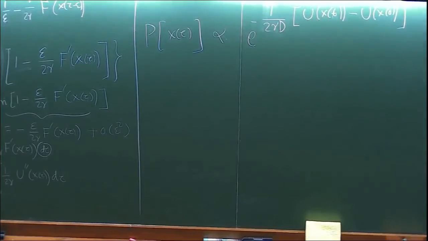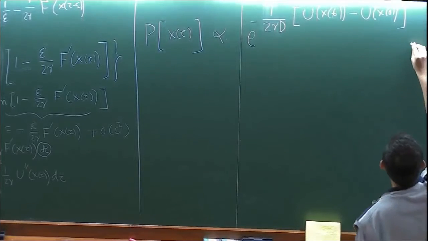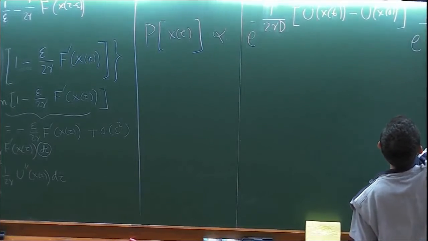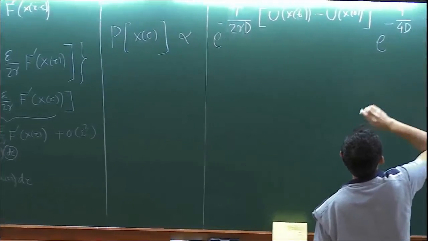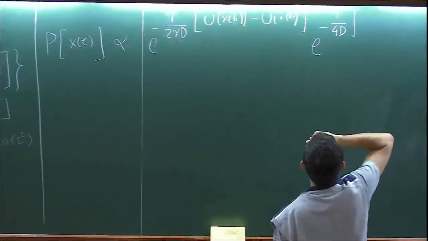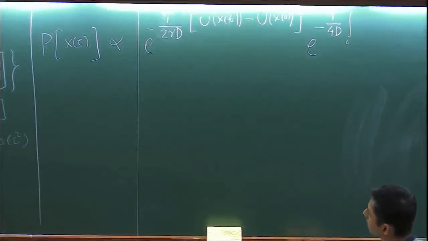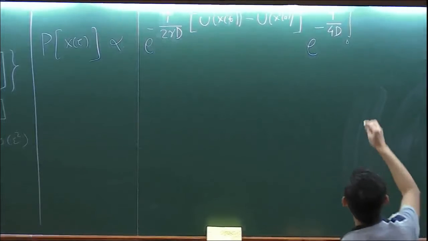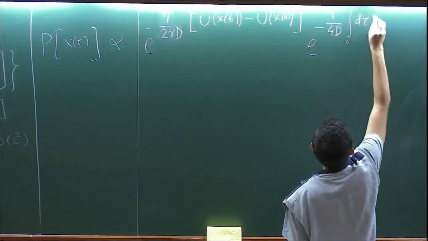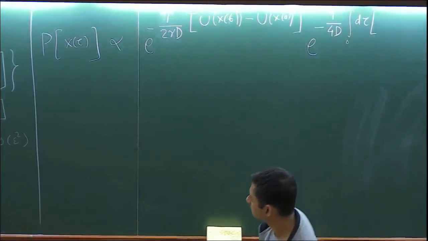So the next term is exponential of minus 1 over 4d, integral from 0 to t, and then can you just tell me the terms? d tau.